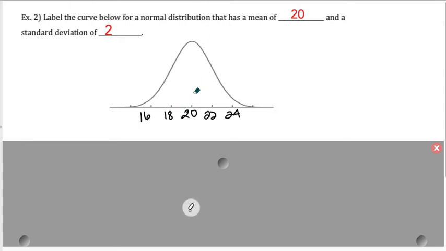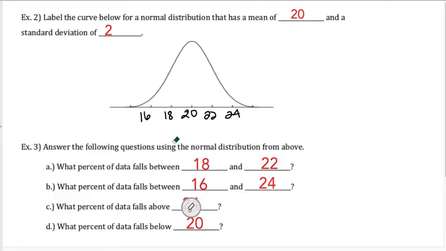And so moving on to example number 3, it says, what percentage of the data falls between 18 and 22? So at this point, if you're now going to answer questions about this curve, we could fill in our values.